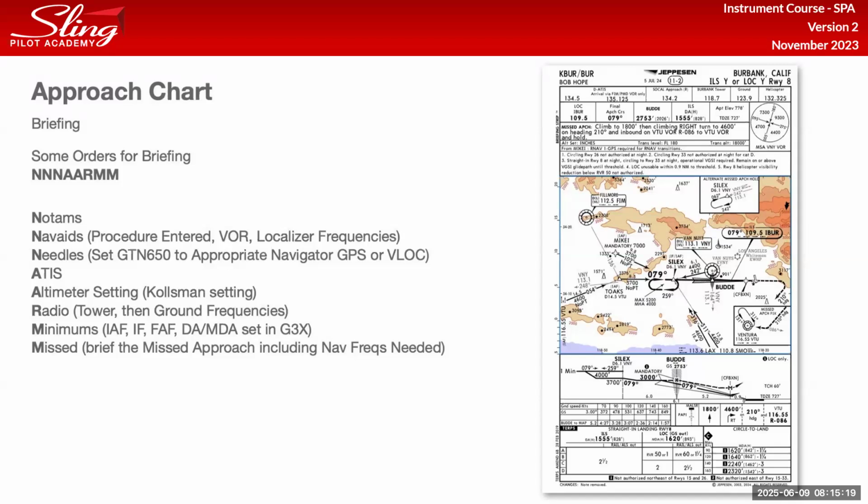Per 91.103. But in the air, on this approach, let's just say the minimums are 500 feet, but there's a NOTAM saying the approach lighting system is out. And if the approach lighting system is out, you bump up the minimums to 600 feet.